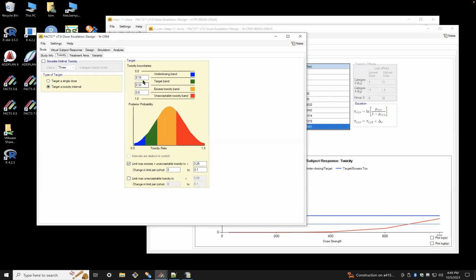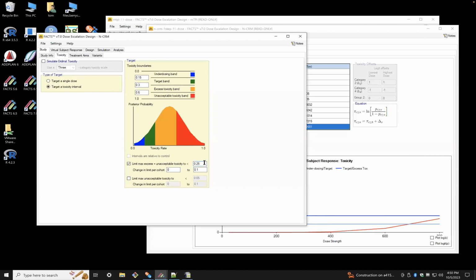My toxicity, again, like the MTPI, we set the bounds of the toxicity target band, which is 0.15 to 0.3. Don't need to specify the middle. If we don't want to use a toxicity interval, we have got the option of simply saying target a particular toxicity rate. Then we specify the overdose. The default here is a little bit low of 0.25.